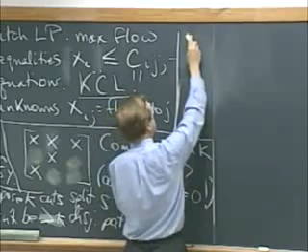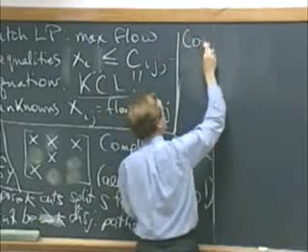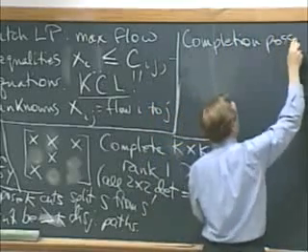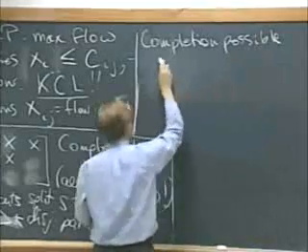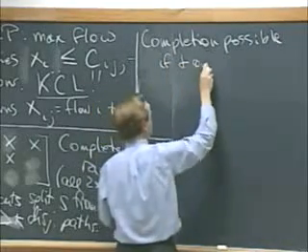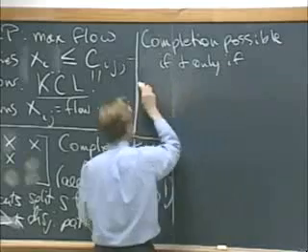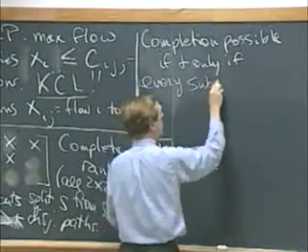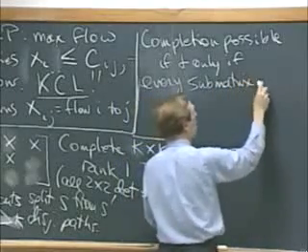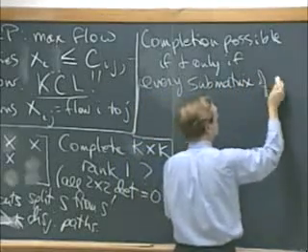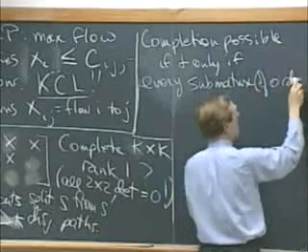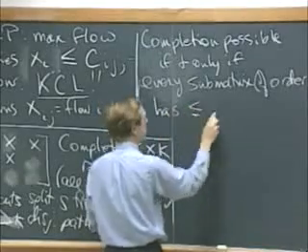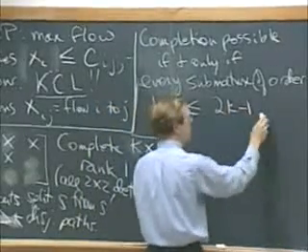That rank 1 completion is possible if and only if every, and I have to check the submatrices too, every submatrix of, let's say, of order, let me call its order k, has less than or equal to 2k minus 1 specified entries.